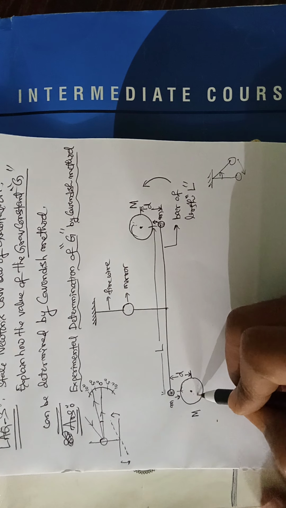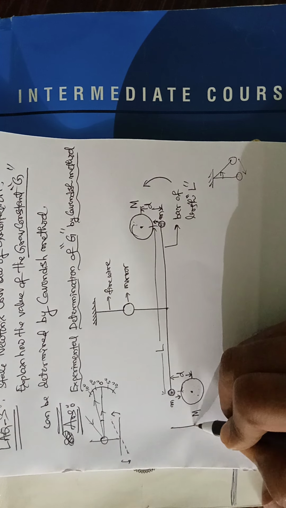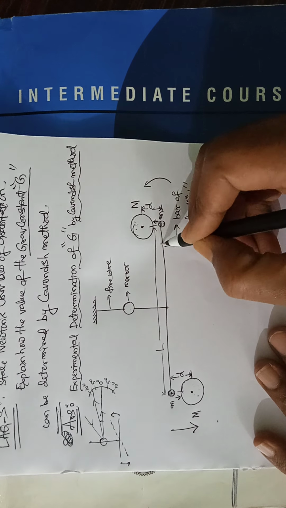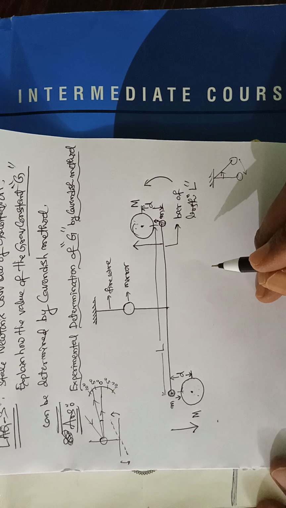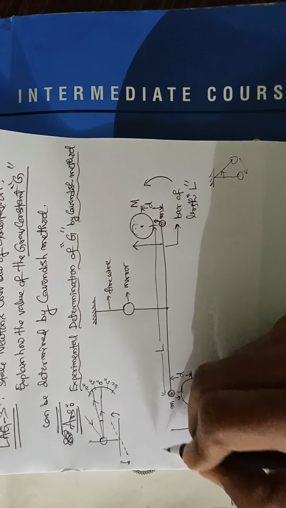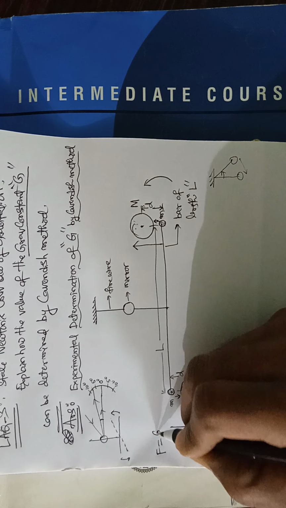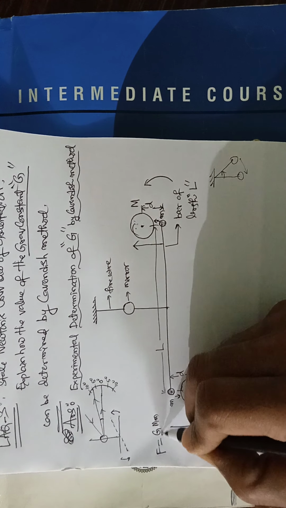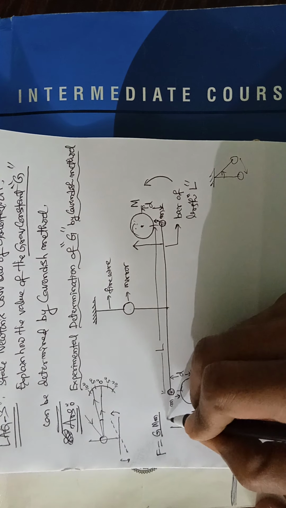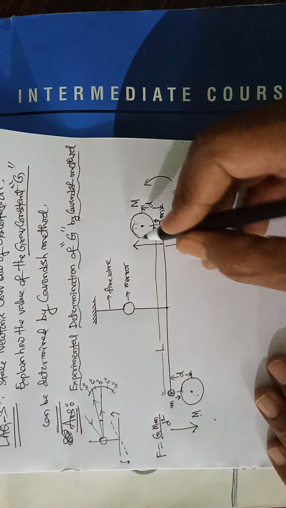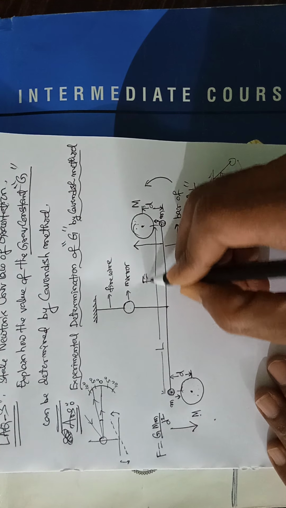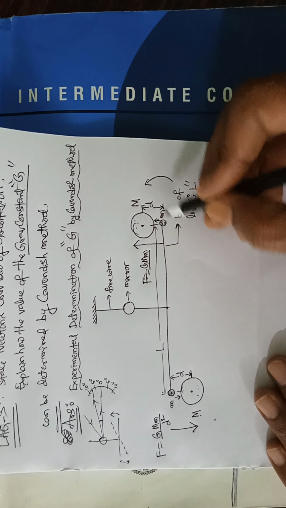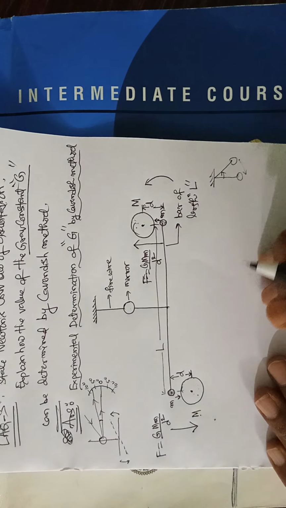See now, this large sphere attracts the small sphere. The gravitational force here is in this direction. This attracts this, and the gravitational force is in this direction. Here the gravitational force is G M m by d square, and here also G M m by d square.